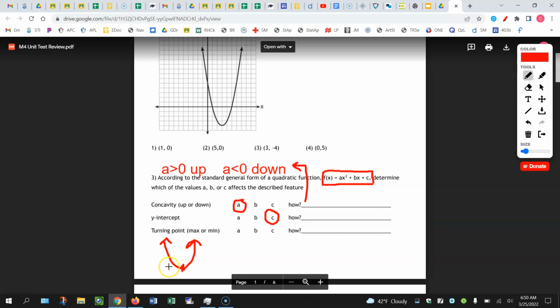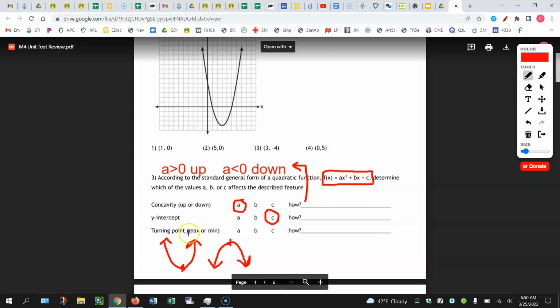Well, hopefully you understand this is the lowest. It never goes any lower than this point. And if the parabola opens down, that vertex here, this point here, is the highest point on the graph. It'll never go any higher.